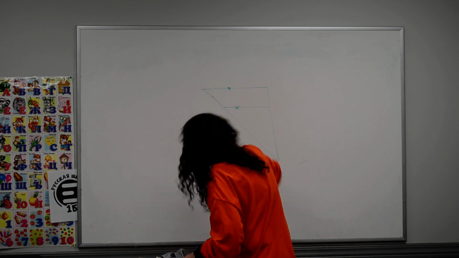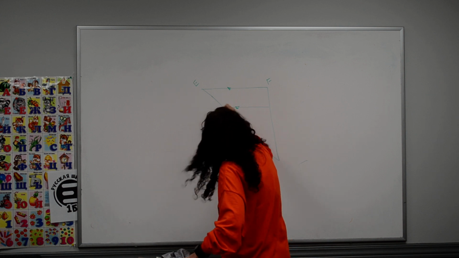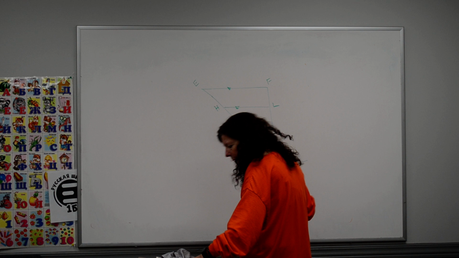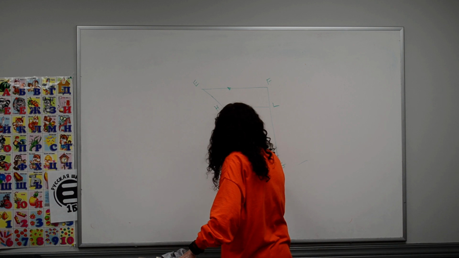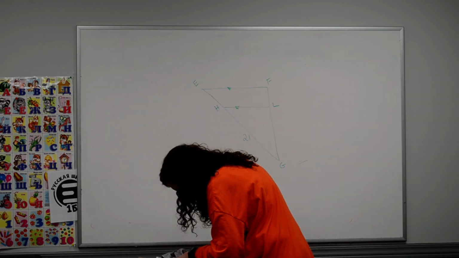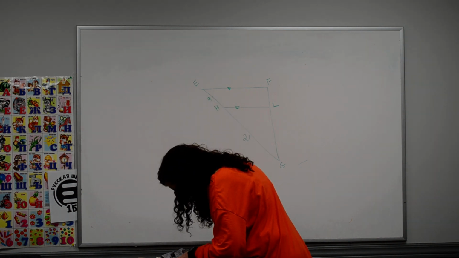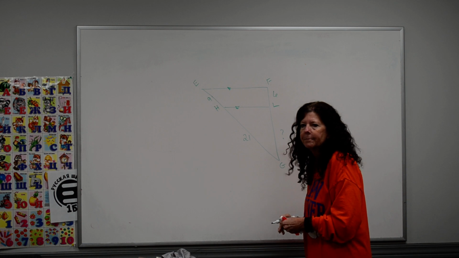So I have EF, and I have HL, and those two lines are parallel, and then I have a G down here. And it tells me that HG is 21, and EH is 9, and I know that FL is 6, and I'm trying to find that.